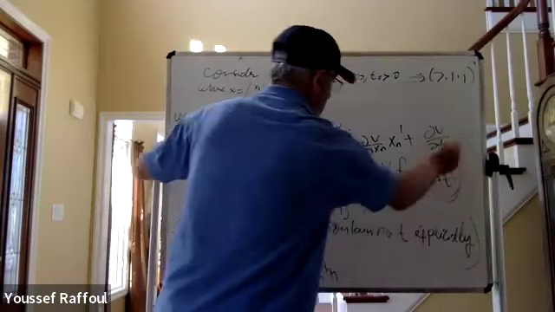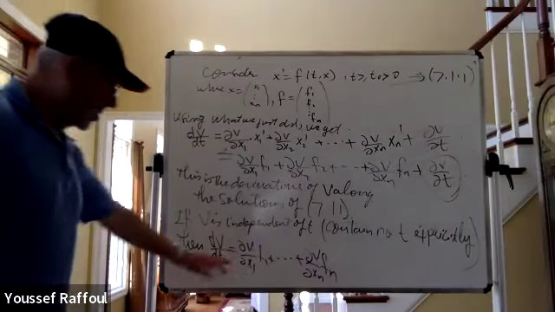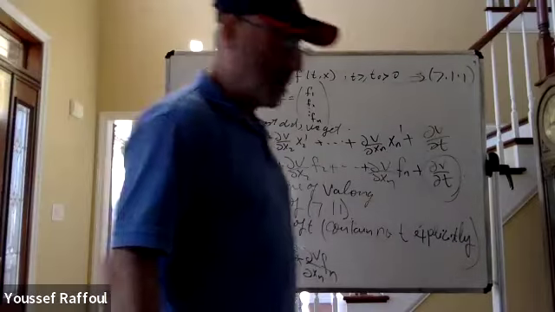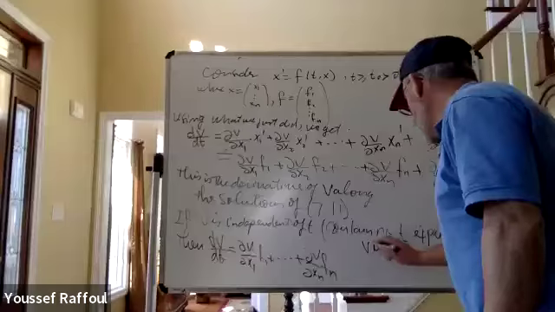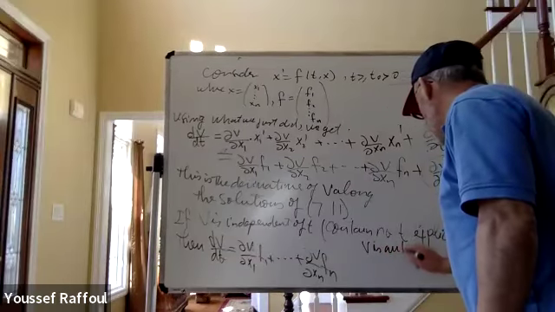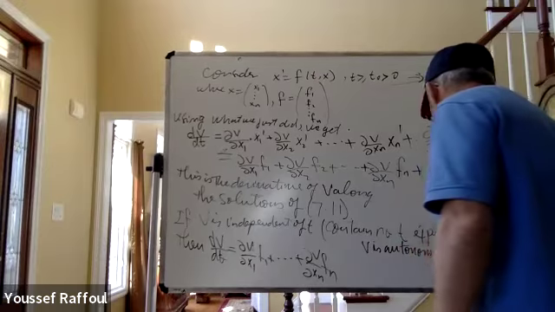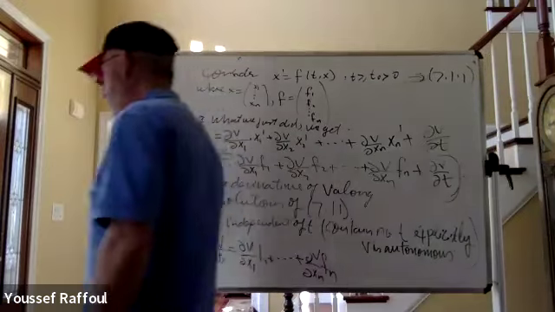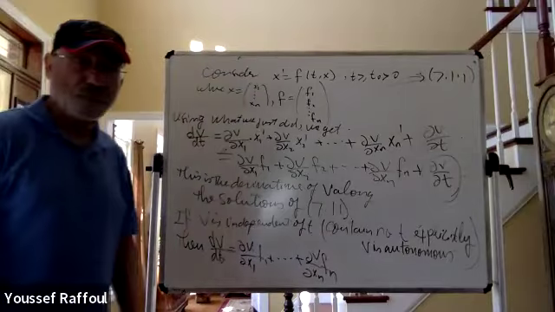So this term will go away because it is 0. And this is called autonomous. So this means V is autonomous. That means it has no t explicitly in it. It does not contain t.